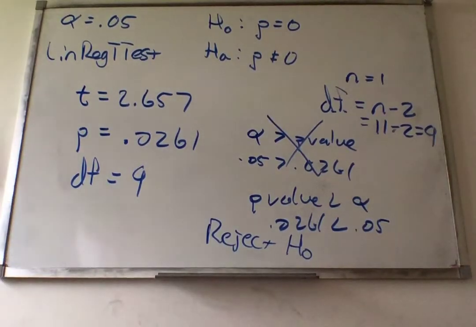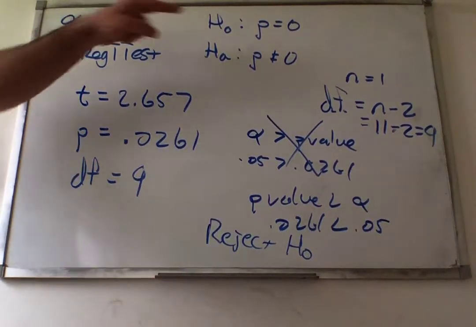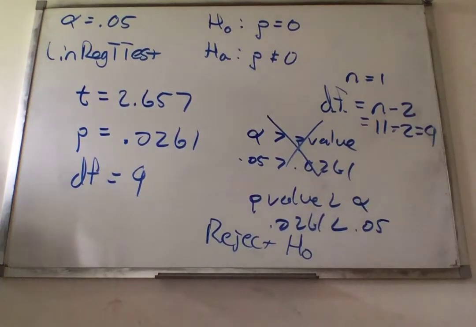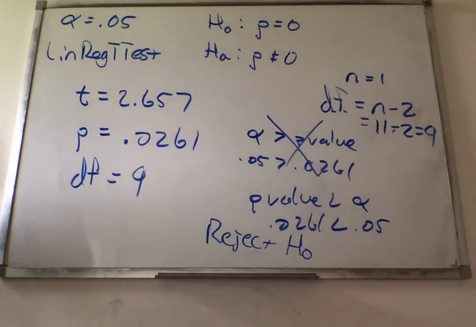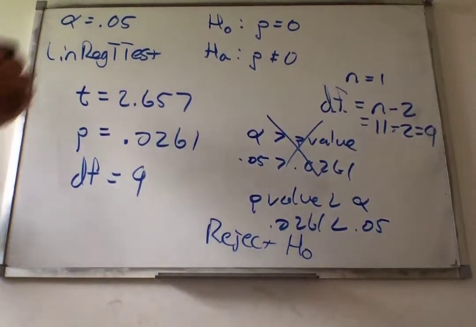So what this is saying is, since we rejected the null hypothesis, that means there is a correlation between the third exam and the final exam. And we can use the equation.